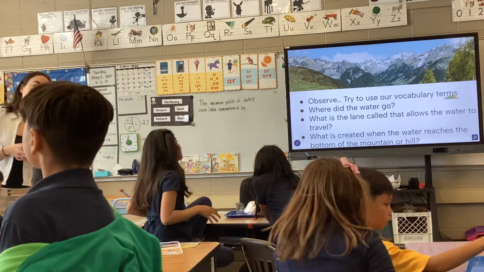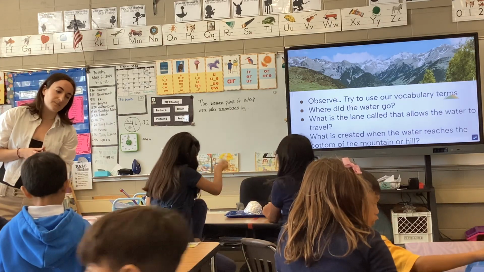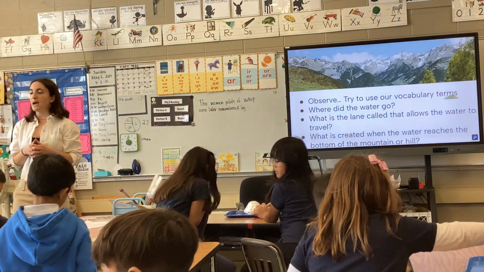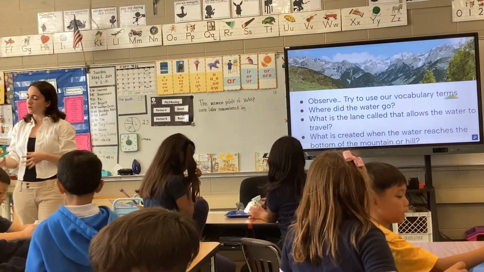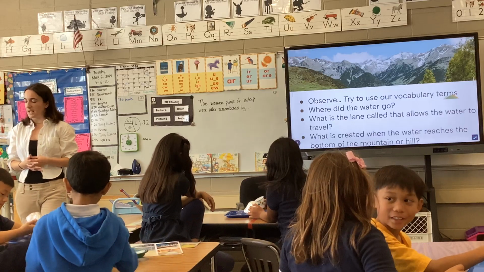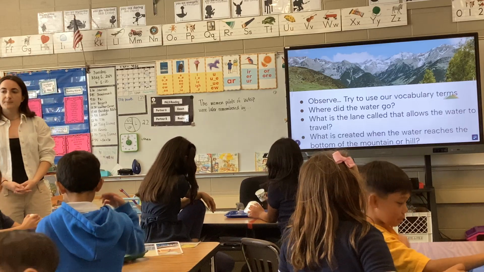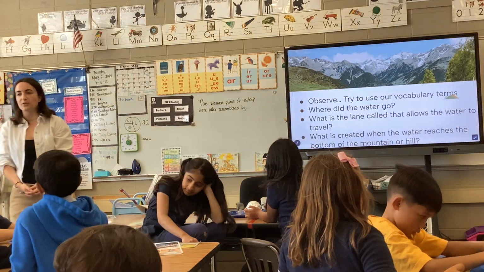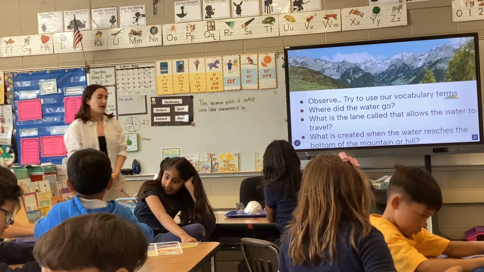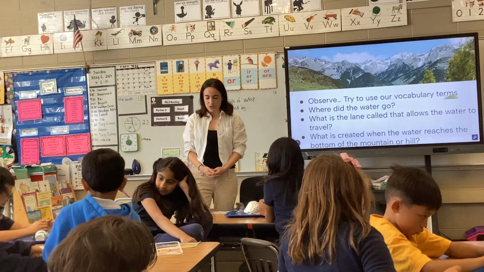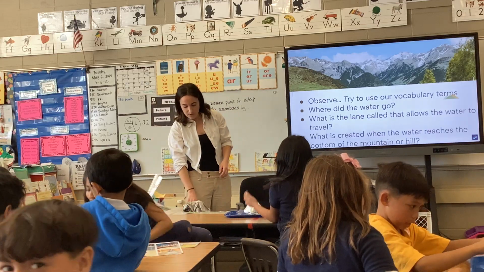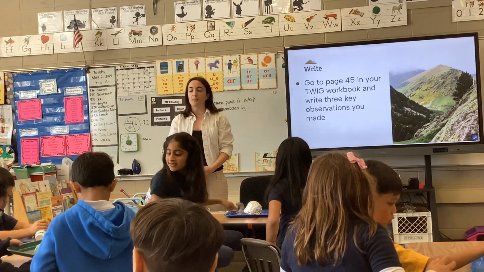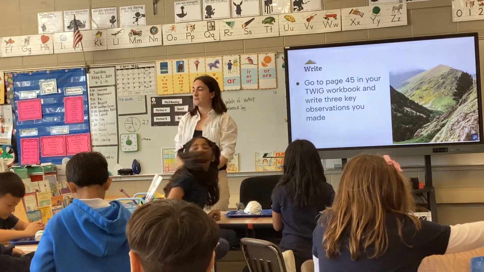It looks like Phil's group made a pond. I see a pond there. Yeah, yours looks like a pond. That looks like a river. Okay, great. So now, for our next activity, we're going to put our tray to the side.